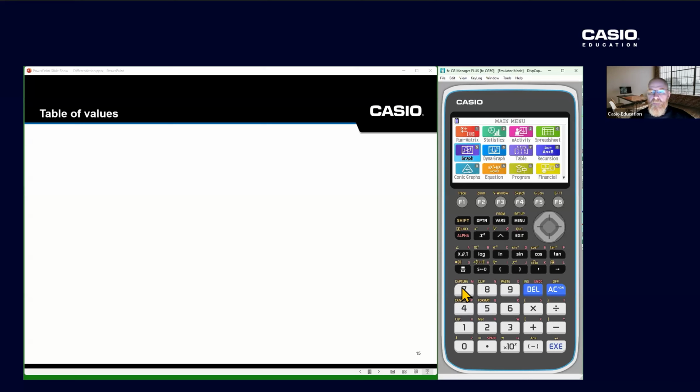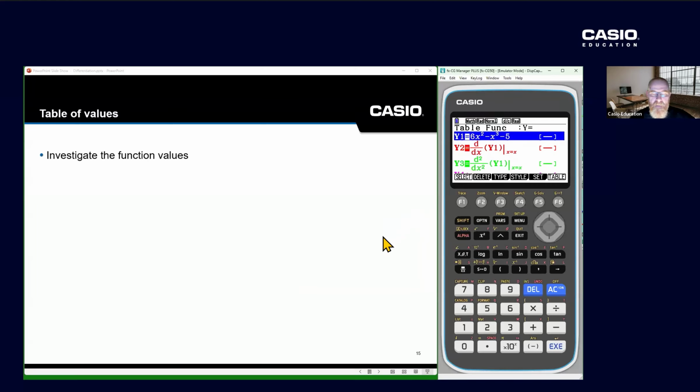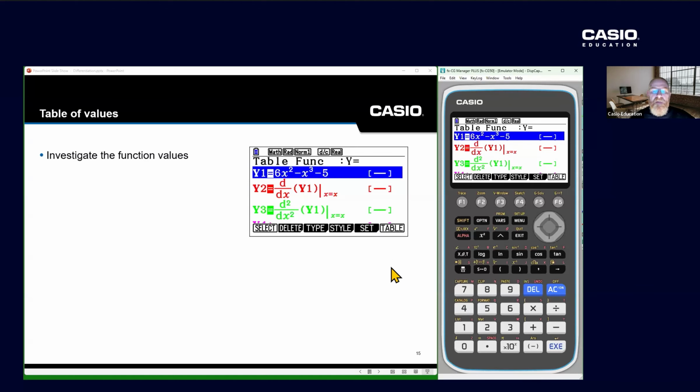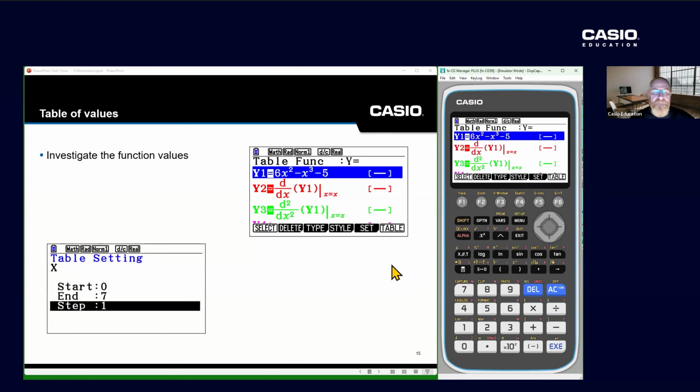So if we go to table, shortcut 7, you can see that quite nicely these functions have been carried over from graph to table, so I don't need to enter them again. We can have a go at evaluating some of these functions. Okay, so for example, we have been asked what happens at t equals 3 before. We need to set the table to the relevant values of x that we want values for.